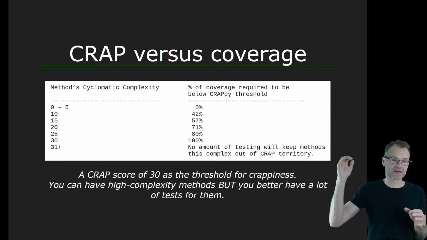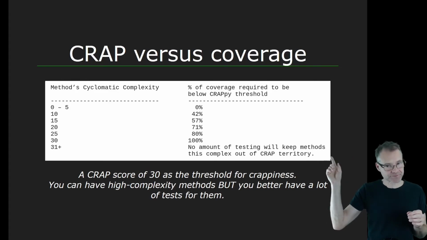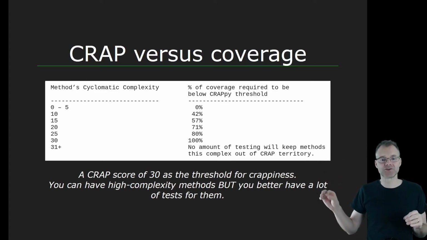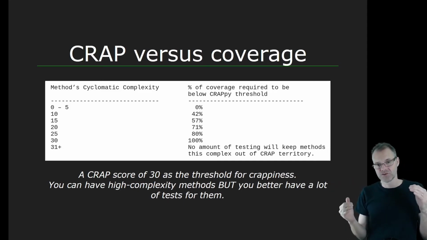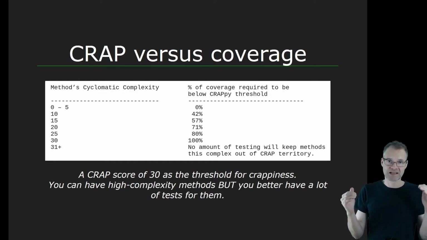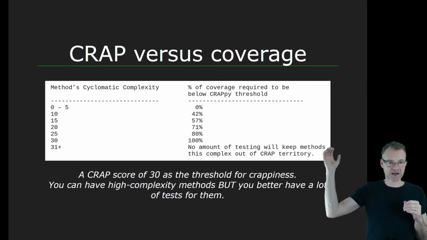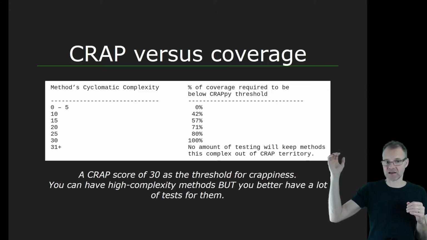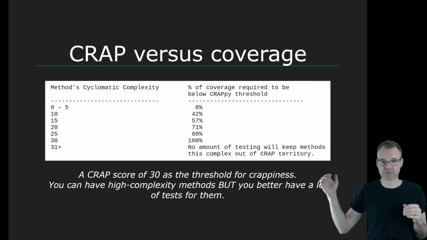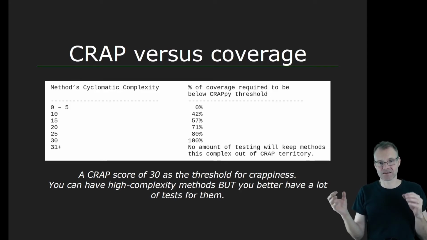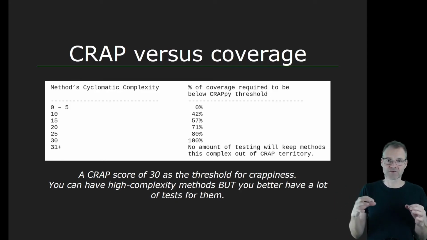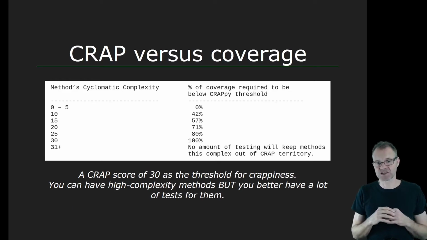But if we have a complexity of 10, well, maybe you should go up to 42% code coverage to have that complexity balanced with the unit tests. And if you go up to 25 in cyclomatic complexity, then you need a code coverage of 80% to be on the right side of this crappy threshold.